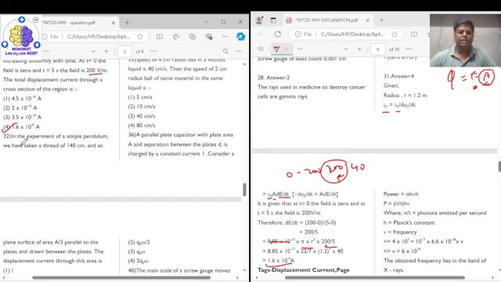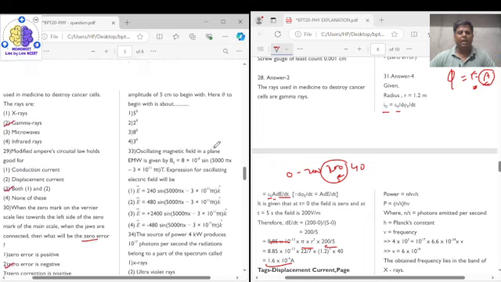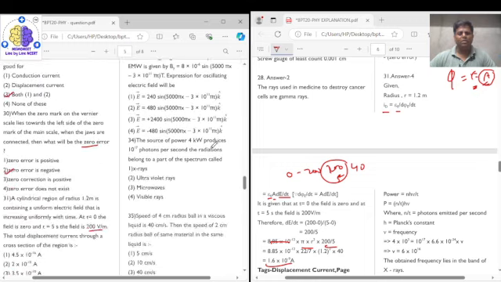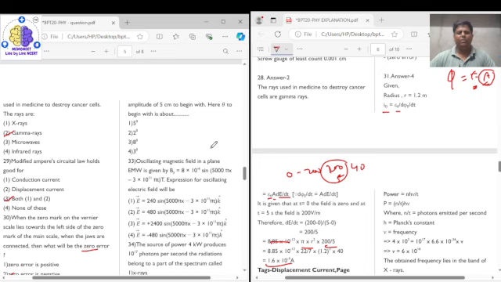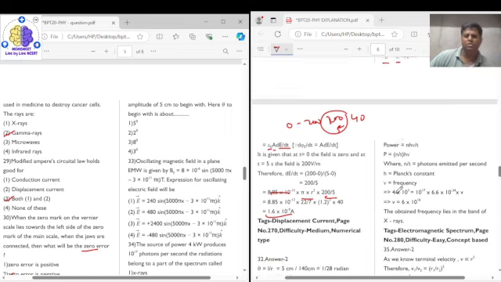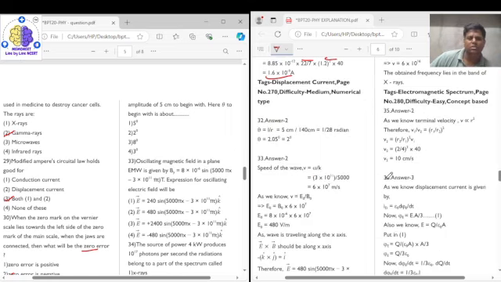Question number 32 says that in the experiment of simple pendulum, we have taken a thread of 140 centimeter and an amplitude of 5 centimeter to begin with. Here theta to begin with is about, right?